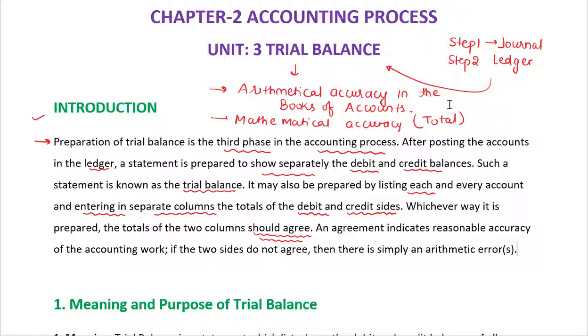An agreement indicates reasonable accuracy of accounting work, and if these two sides do not agree, that means what? You have an error. Which kind of error? Arithmetical error, calculation error, total error. Error in terms of calculation, error in terms of total, etc. I believe this is okay with you.